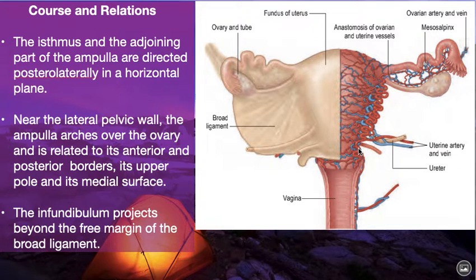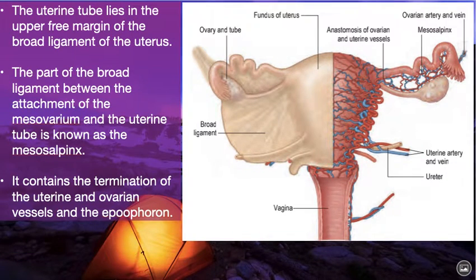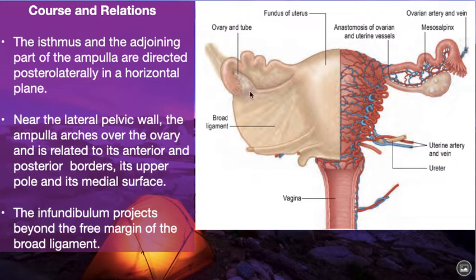Near the lateral pelvic wall, this ampulla arches over the ovary, as you can see over here, and is related to its anterior and posterior border, upper pole, and the medial surface. The infundibulum projects beyond the free margin of the broad ligament. This is more clear in this picture.